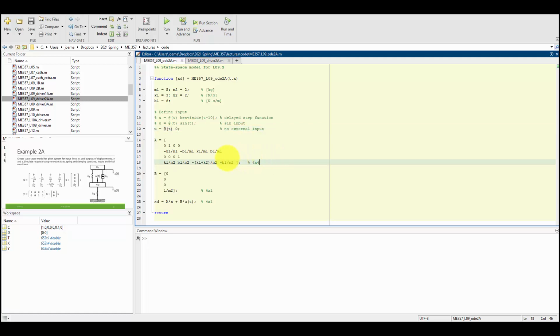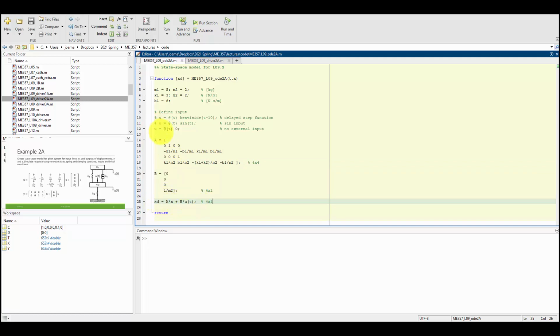Then I define my A matrix, as I previously found in the modeling step when I went through the state space model. This 4 by 4 A matrix is coming from the modeling, and the B vector, or B matrix more generally, comes from how the input is put onto the system. Here we have a 4 by 1 vector. Then because it's a linear system, I know that my x dot is going to be Ax plus B times u.